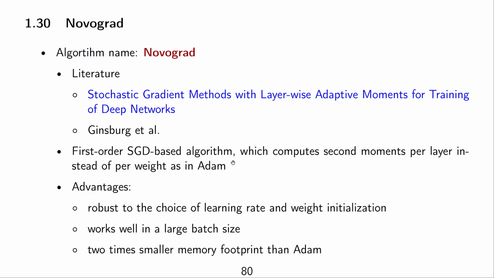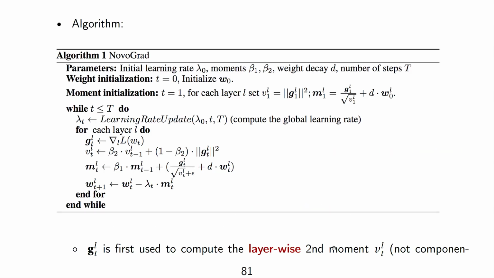It's a first-order stochastic gradient descent-based algorithm which computes second moments per layer instead of per weight as in ADAM. Claimed advantages are robust to the choice of learning rate and weight initialization. It should work well in large batch sizes, and it has a smaller memory footprint than ADAM.